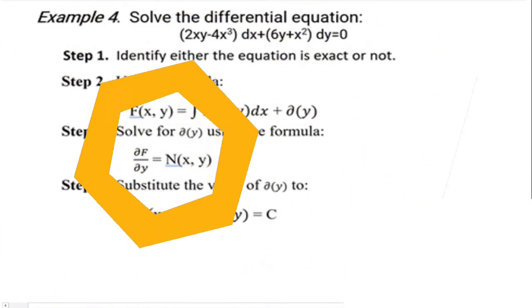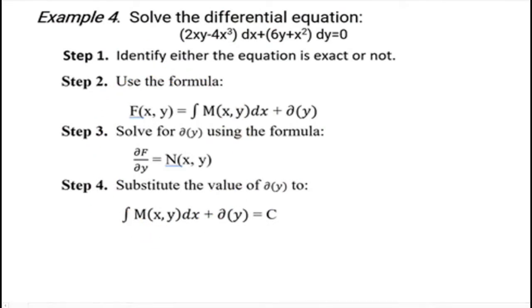We're going to recap the solution of a differential equation. Step 1, we identify whether the equation is exact or not. If the equation is not exact, you have to apply other methods. And if the equation is exact, then proceed to step 2. We have here the partial answer of our exact equation.